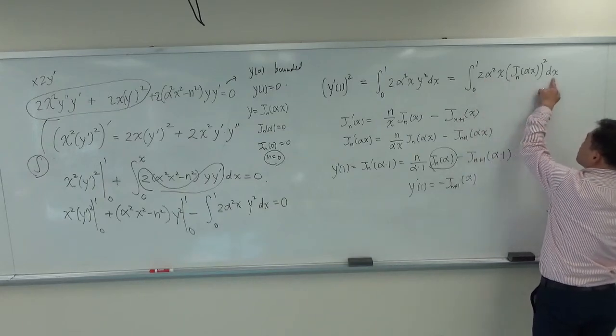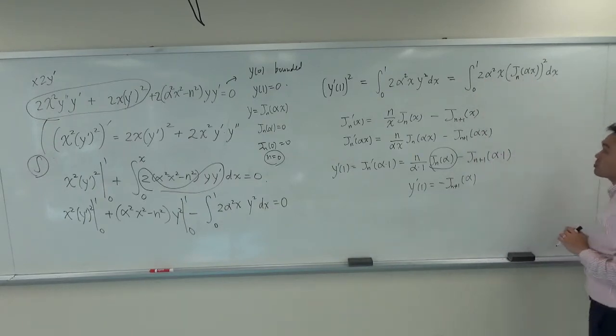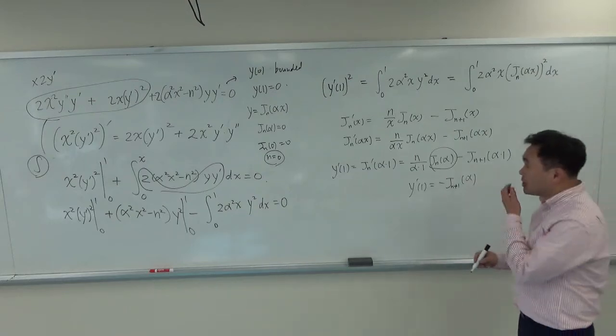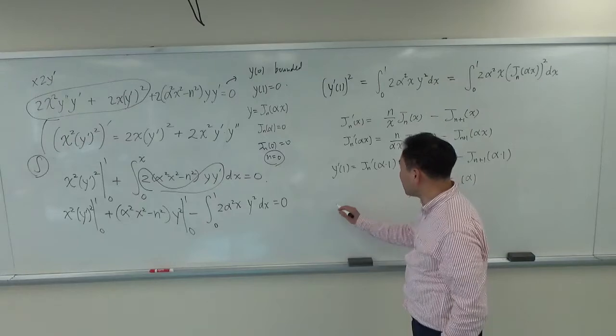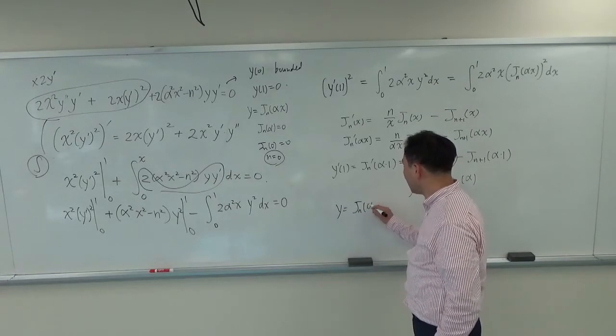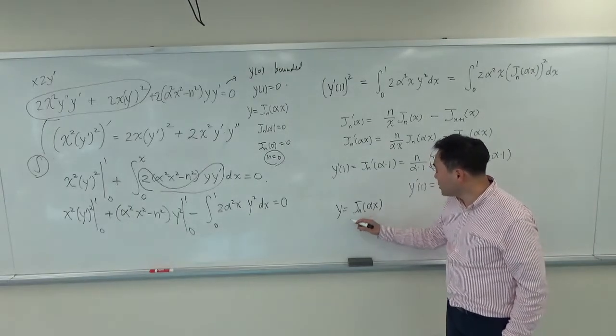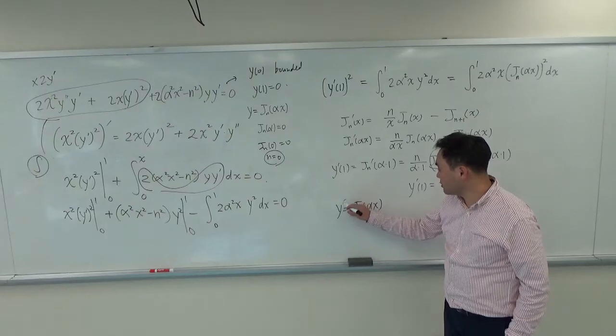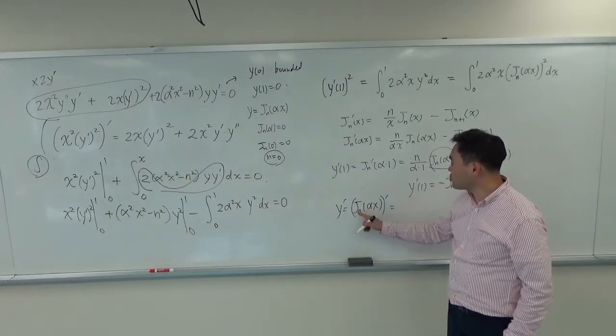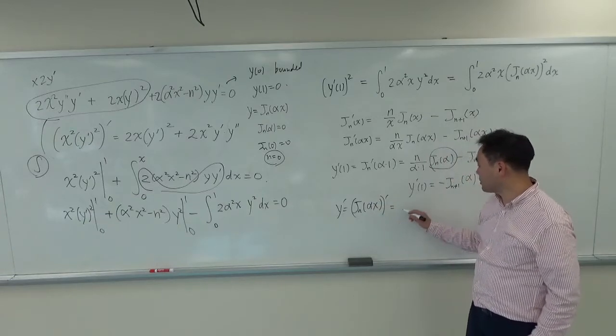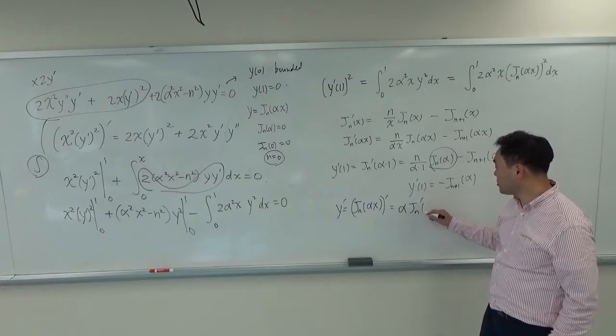See, y is equal to jn of alpha x. If I differentiate both sides, it's not jn prime of alpha x, but alpha times jn prime of alpha x.